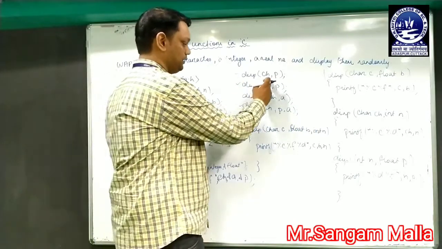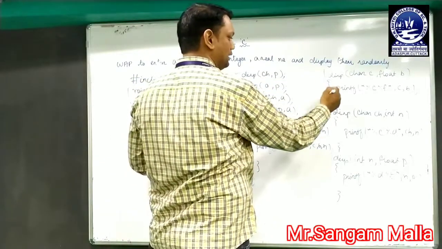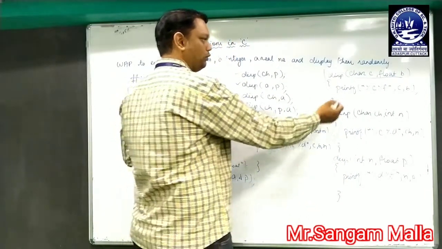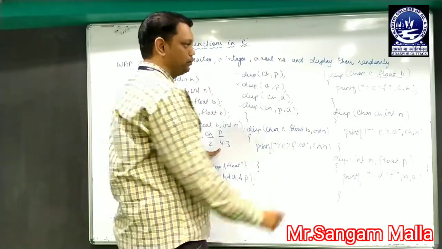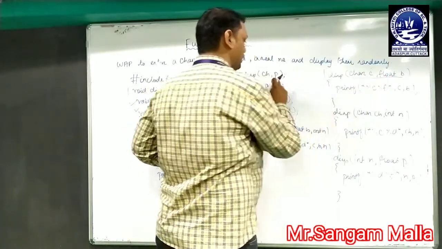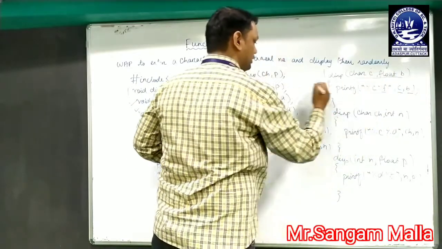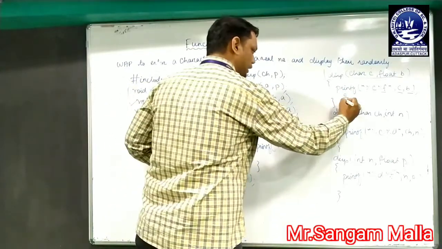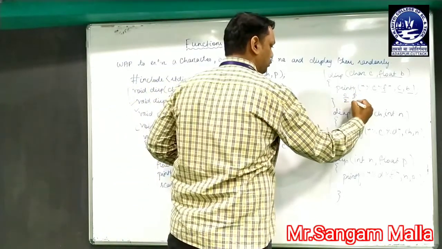As ch is character type and p is float type, it will search for the display function which has the same sequence. Here we have 4 display functions, but it will move to this one because the first part is character type and the second part is float type. So c will hold the value of ch and b will hold the value of p. That means here it will print c and b. c will receive the value z because it is holding the value of ch, and b will have the value 4.3.